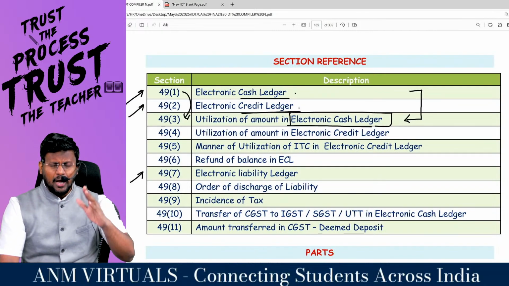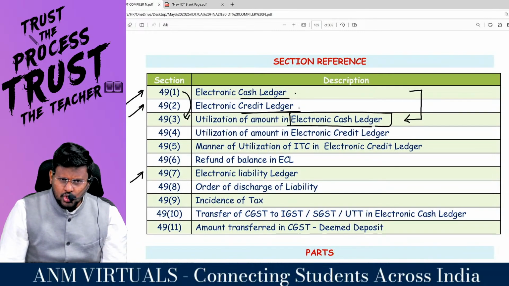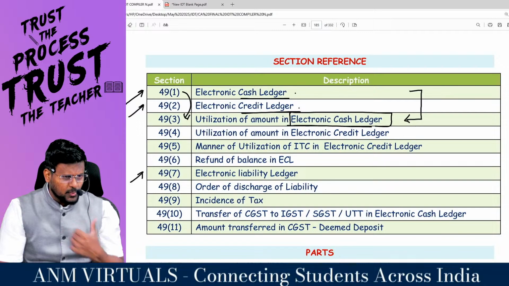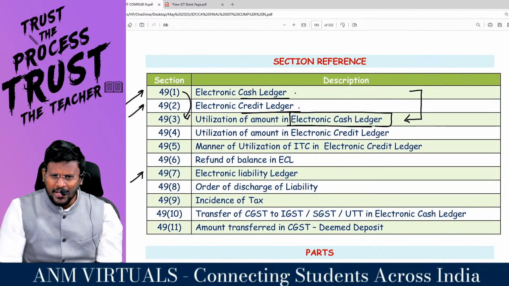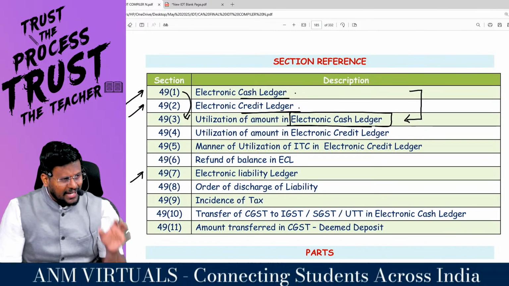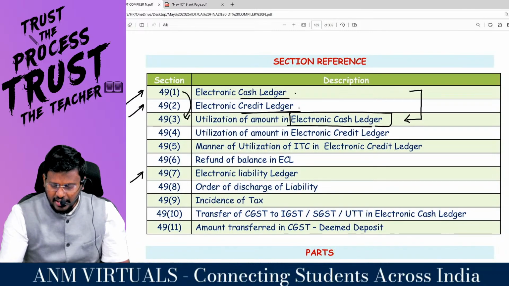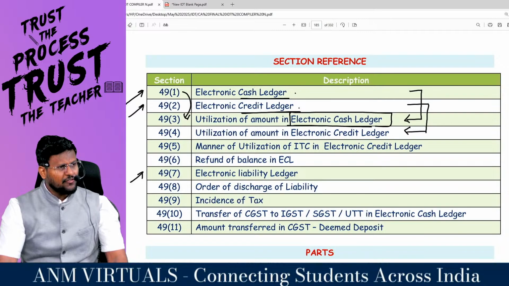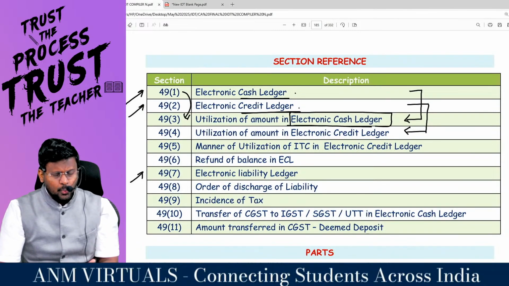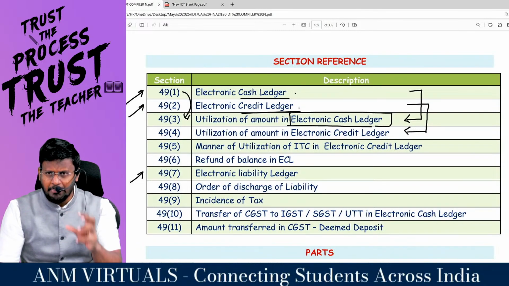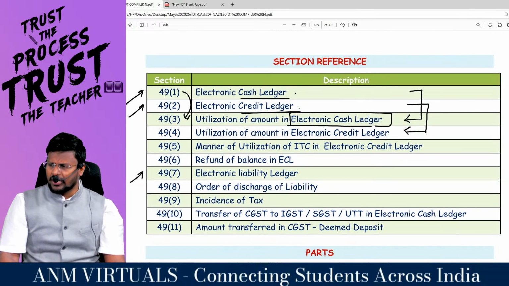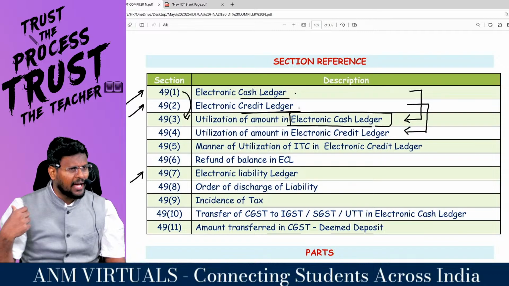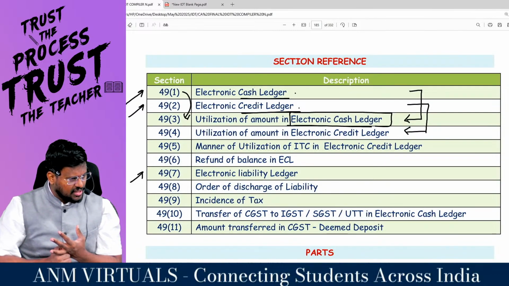Comfortable? Now when I am purchasing goods or services or both, I will be paying GST. It's an asset to me, which we are going to take as ITC. That amount will come and sit in the electronic credit ledger. For what purpose can we use the balance available in the electronic credit ledger?